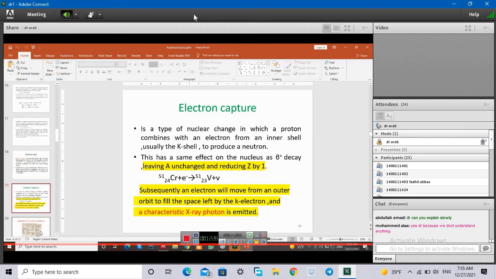And in this process, we can also have an X-ray emission.